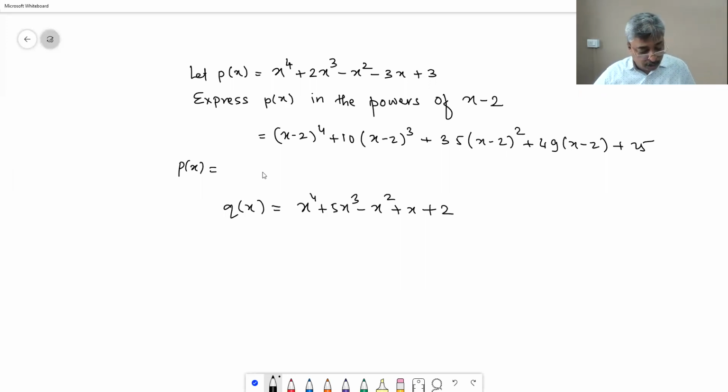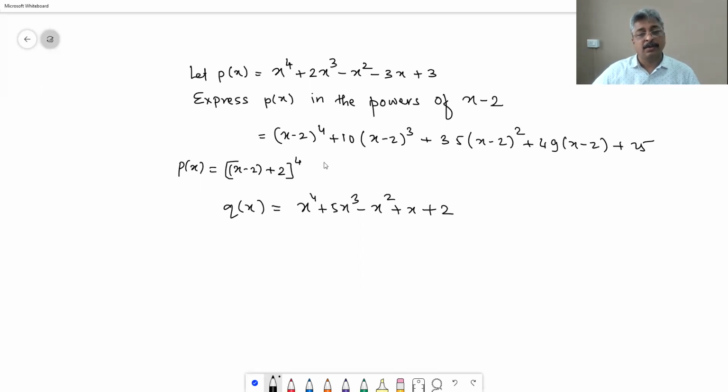Express x raised to 4 as x minus 2 plus 2 raised to 4. I want it in terms of this, therefore I will do a binomial expansion. The first term will be x minus 2 raised to 4. What will be the second term? 4 times x minus 2 raised to 3.